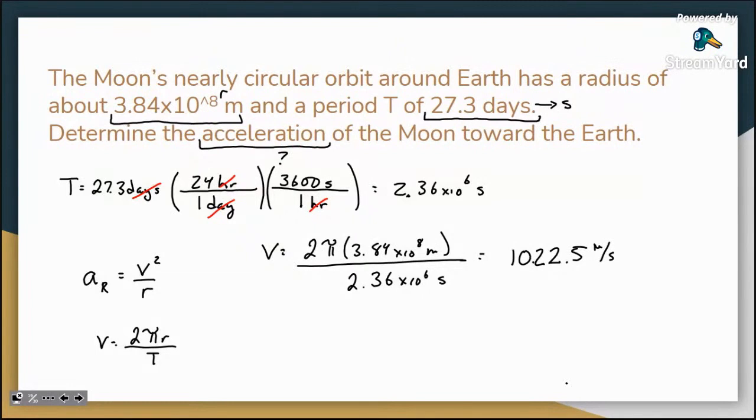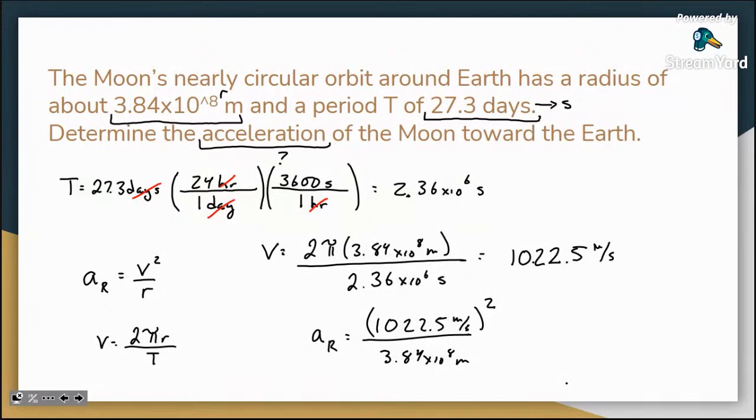And then I can take that velocity and substitute it into my acceleration equation. So 1022.5 meters per second, all divided by that radius of 3.84 times 10 to the 8th meters. And we don't need to forget to square that velocity.